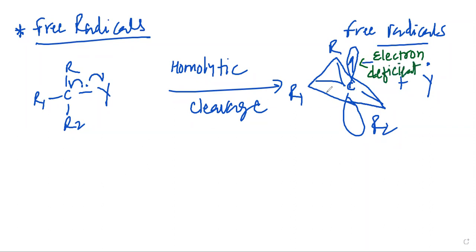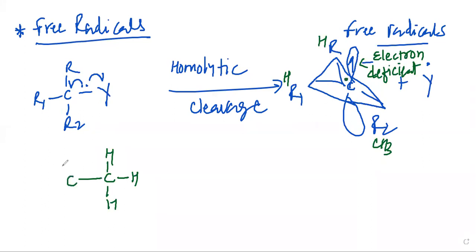Now let us understand, suppose these two are H and this is CH3. So let us think it this way, that you have this CH3, then you have this C that is having the free radical.